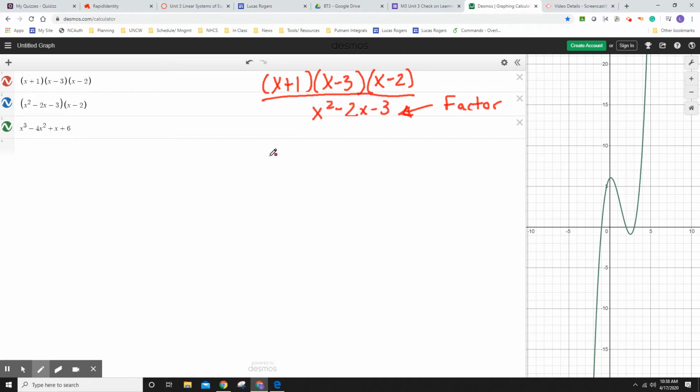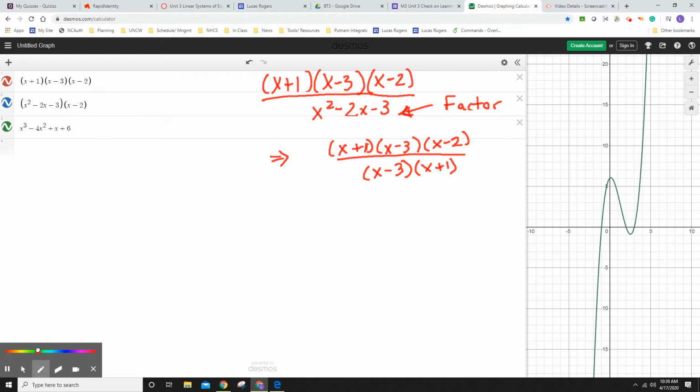If you factored that quadratic like this and said, okay, hey, we've still got the same factors in the numerator, x plus 1 times x minus 3 times x minus 2, divided by, now in the denominator, this ends up factoring into x minus 3 times x plus 1.